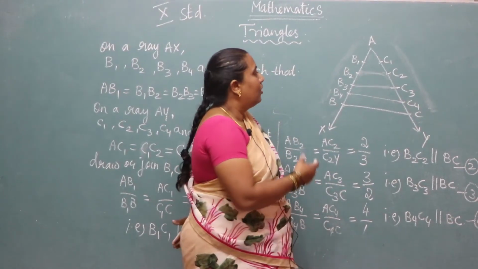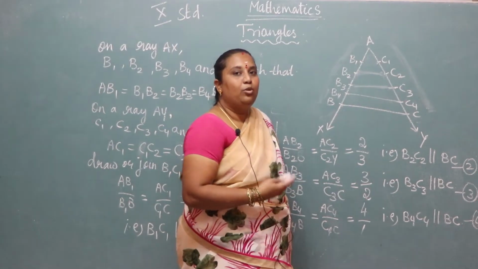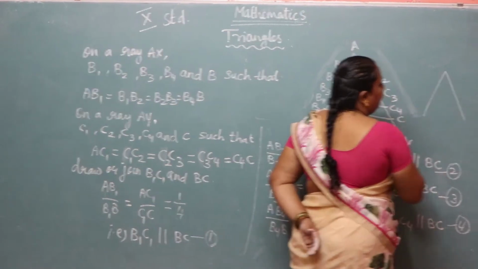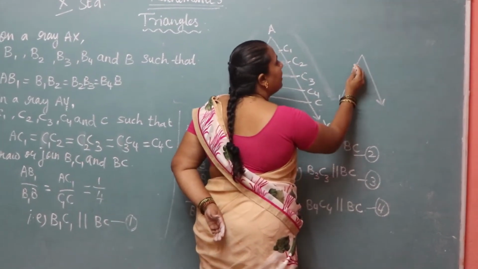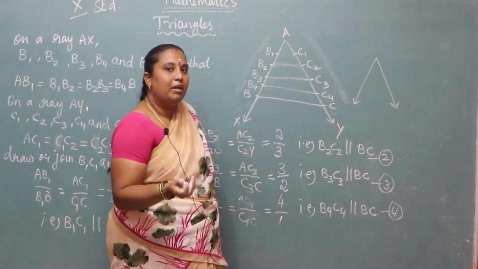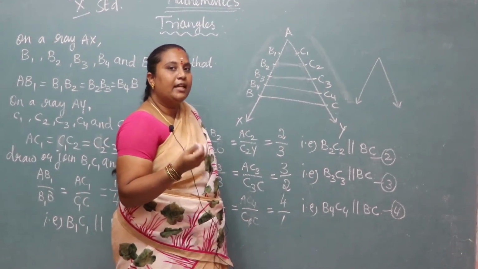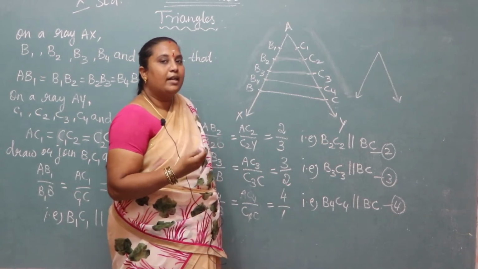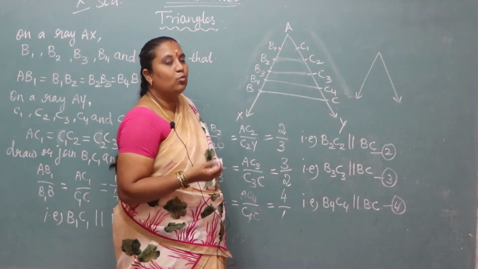Understood children? So this activity we can do with any angle, we can take any angle. It may be an acute angle or an obtuse angle, and we get the same result. What is that?